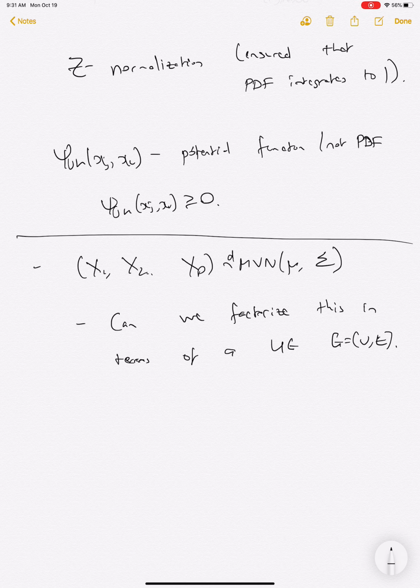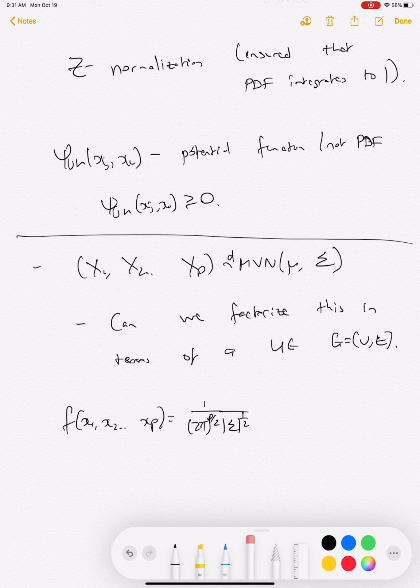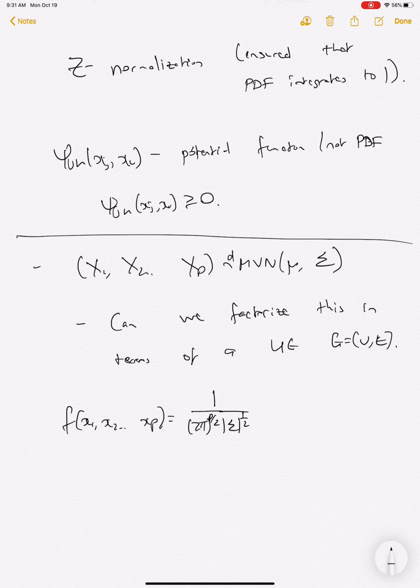So we know that f of x1, x2 up to xp is the multivariate normal density.